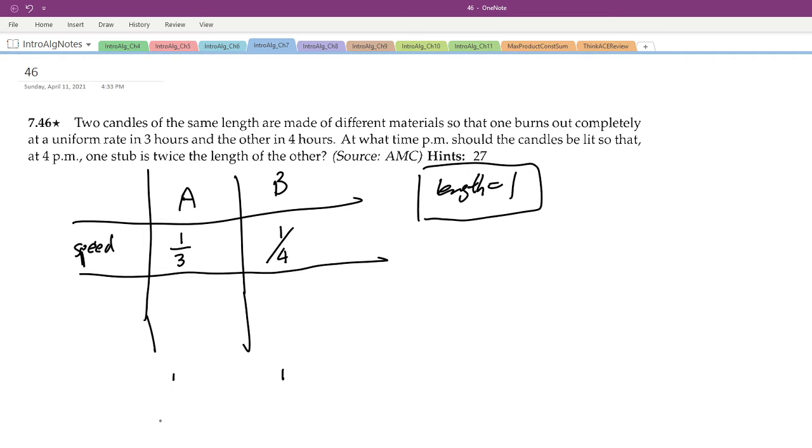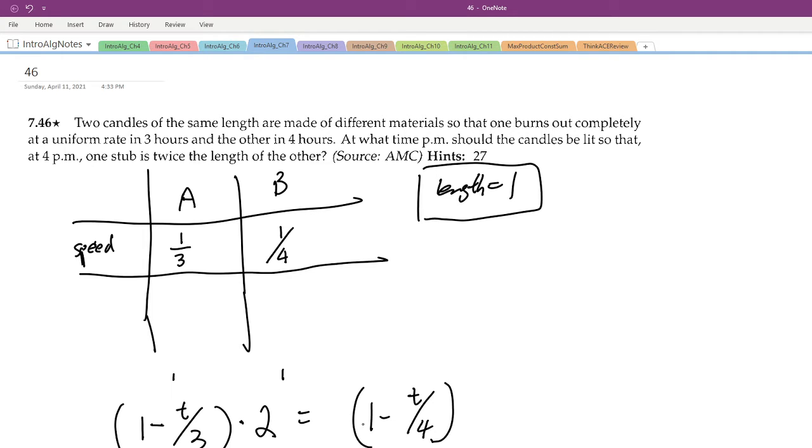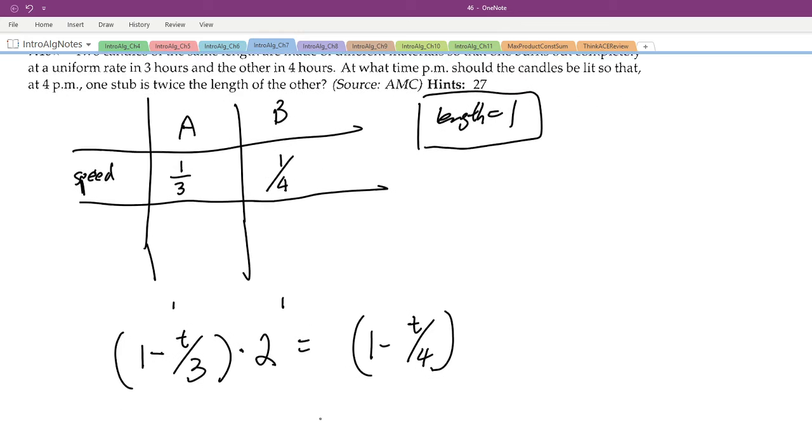One burns faster, so after t hours, the shorter one is this, and the longer one, the rest of the length is this. So the shorter one times 2 is equal to the length of the longer one.